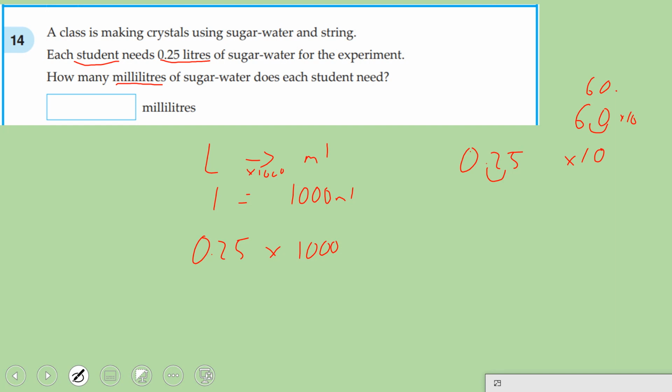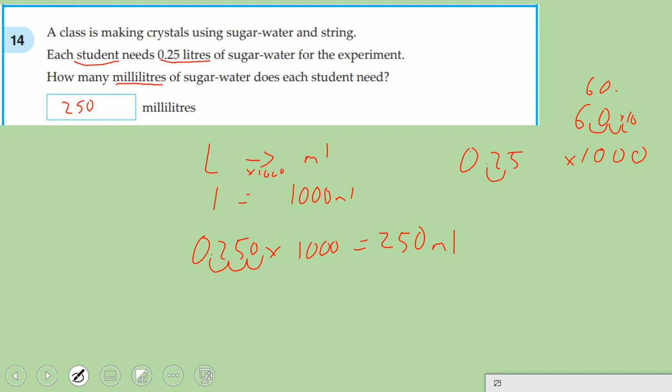So that's exactly what we're doing here. But obviously we've got to do it a few more times. So by 10, you jump once. By 100, twice. 1,000, 3 times. 1, 2, 3. So it goes from 0.25 to, having the new decimal places over here, 250 millilitres. So that's our answer.